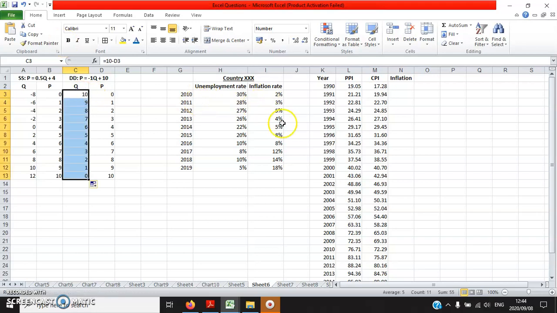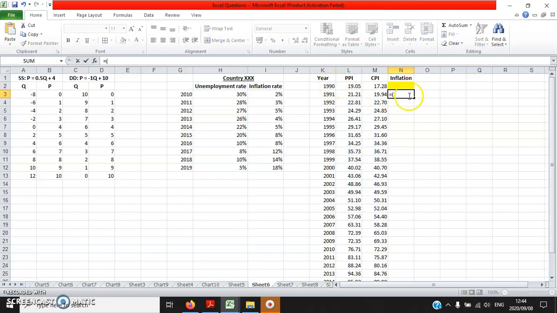Okay. Later, we would do a chart on unemployment rate, inflation rate. I think it relates to the Phillips curve. And let's do the question on inflation, which is the percentage change of consumer price index. We can't derive the answers here because we don't know the 1989 CPI, but let's complete this.